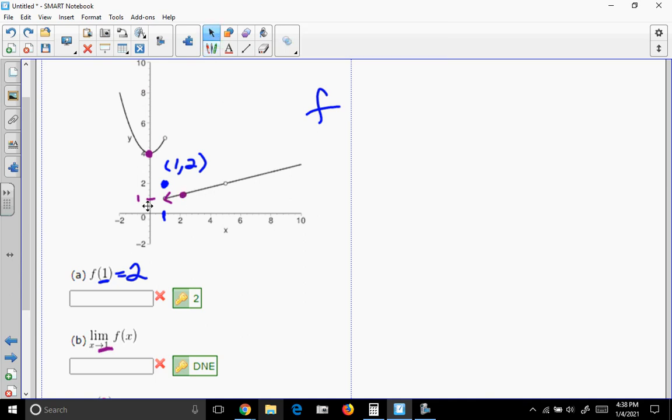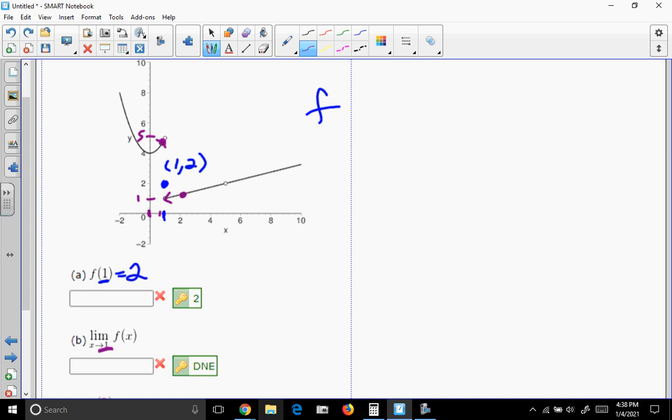Now let's start over here, and let's get close to an x value of 1 and see what happens. If we let this point get closer and closer to an x value of 1, here the x value is almost 1. That goes up here. Looks like a y value of about 5.